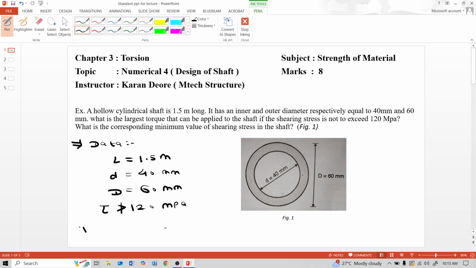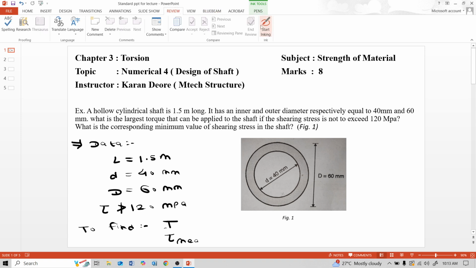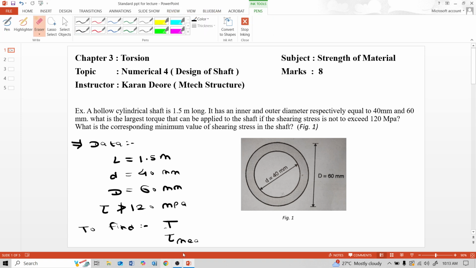And we have to find torque T and minimum shearing stress. Largest torque means maximum torque.